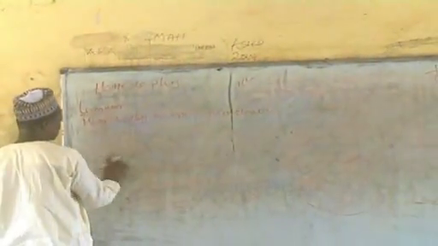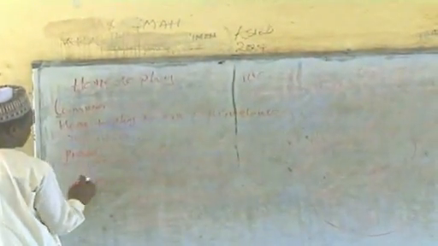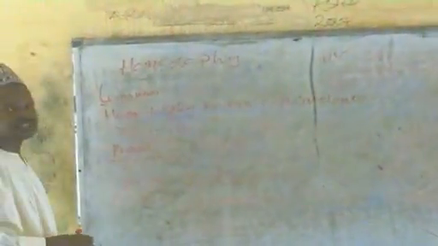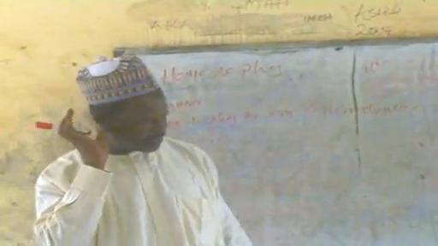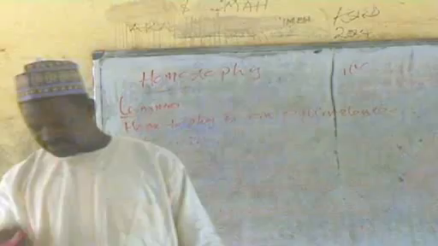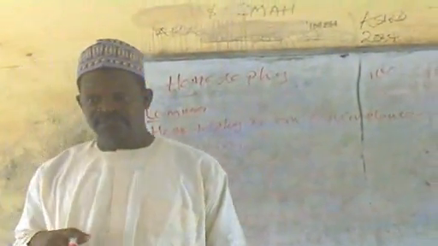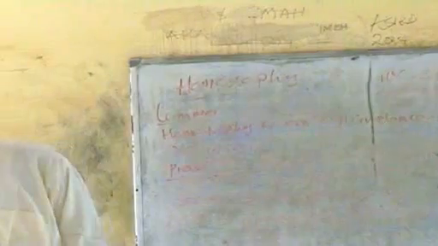Now, in the proof, we try to show the three properties. We try to show that homotopy expresses the three properties of reflexive, symmetric, and transitive. We use the definition.